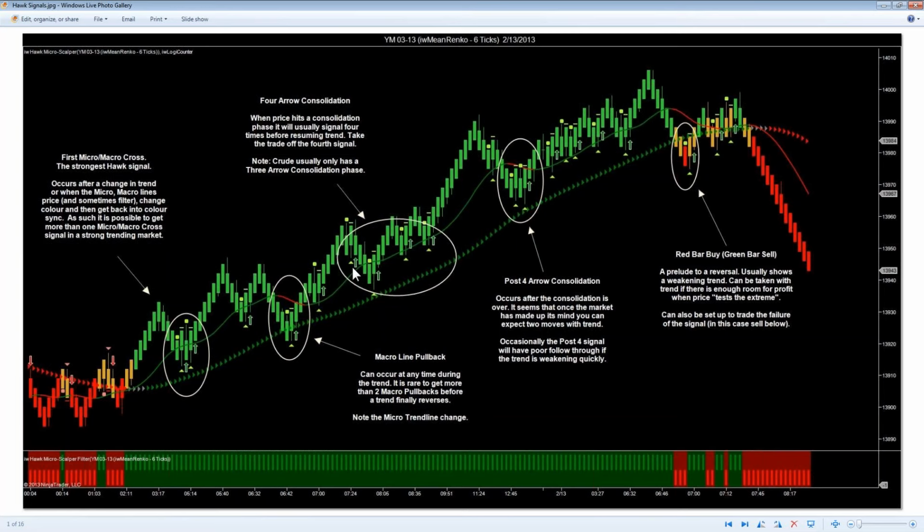A 4-arrow consolidation signal. You can see 1, 2, 3, 4 arrows. We expect the market to rally off of the 4th signal. A post 4-arrow consolidation signal, which this one also happens to be a macro pullback signal. And then we have our red bar buy, or the bearish counterpart, the green bar sell, which occurs when the market is later in the market stage and things might be starting to decline.